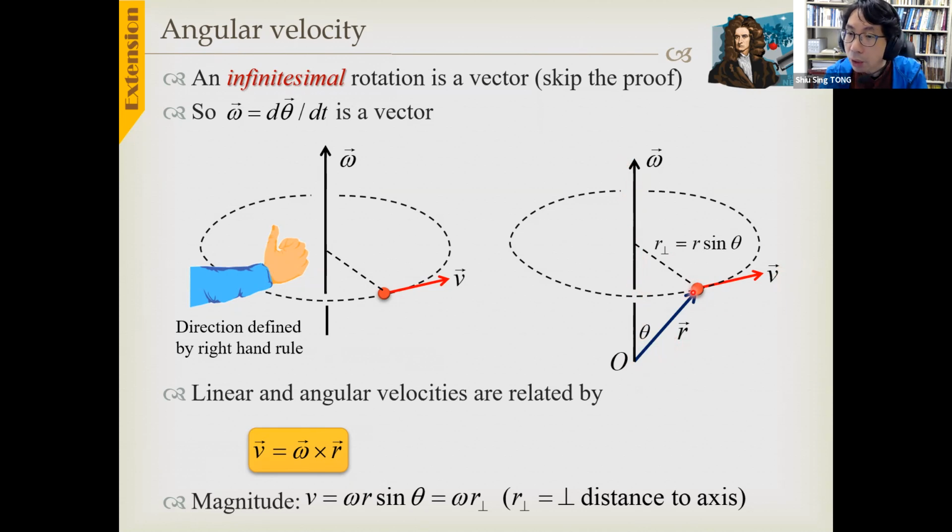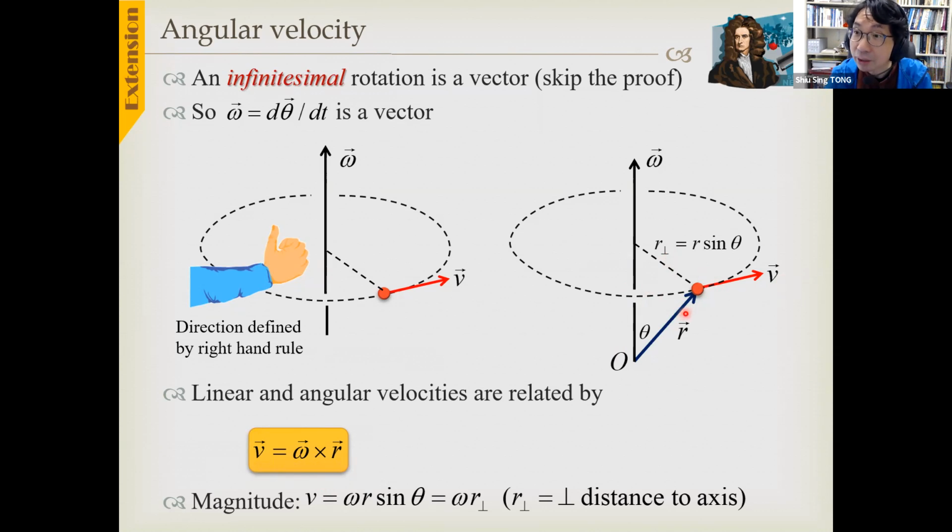So omega cross r, what is the direction? If you have omega in the z direction, the vertical direction, and you cross it with r, the position vector to the particle, you get a v vector that is in the tangential direction. So the direction is right. The direction of v is in the direction of omega cross r.